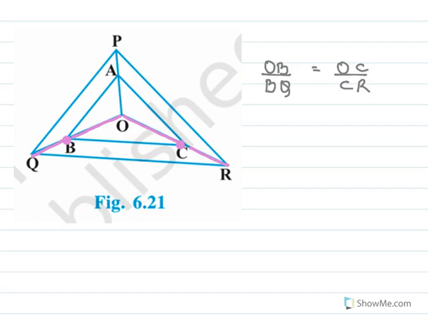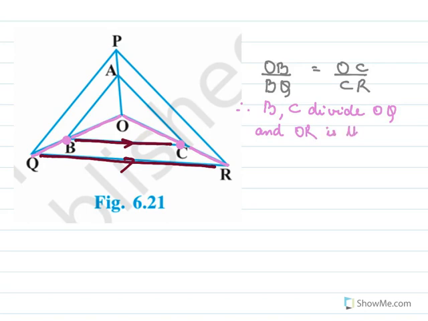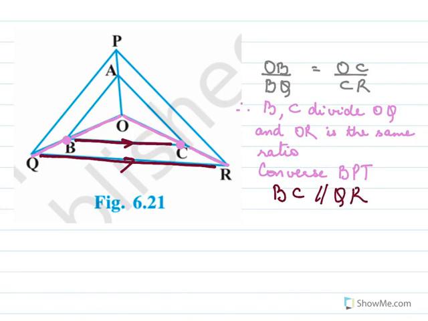Hence I can conclude by converse of BPT that BC must be parallel to QR. So B and C divide OQ and OR in the same ratio, so by converse of BPT, I can say BC is parallel to QR.